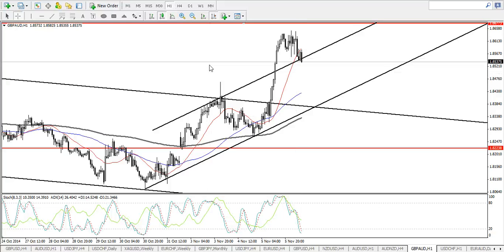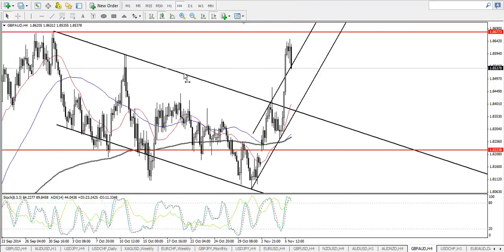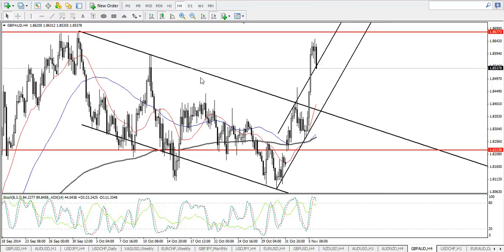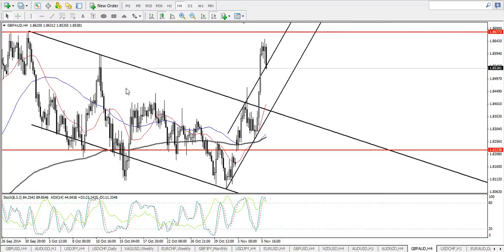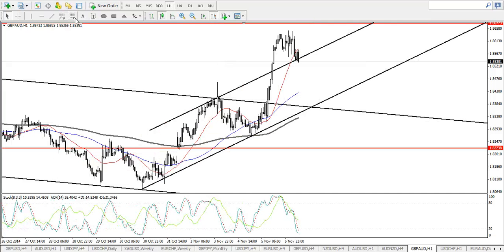So what we would like to find out is how far it will retrace, because over here we are quite sure that the pound will appreciate against the Australian dollar a little bit further after breaking above this falling trend channel in the 4 hourly chart. So back to the 1 hourly chart, let's plot a Fibonacci retracement.